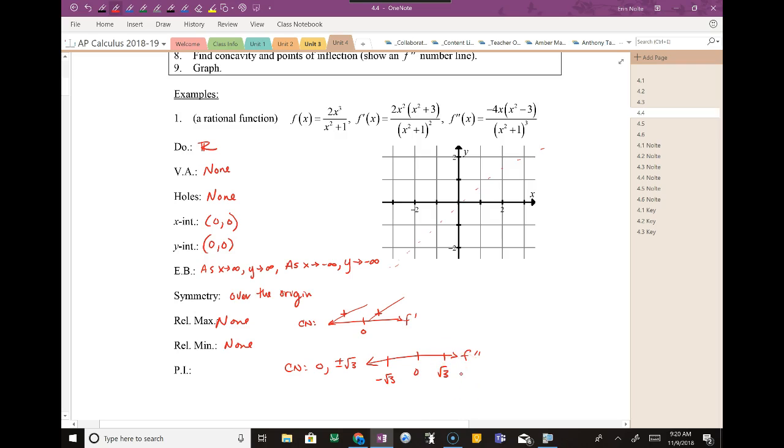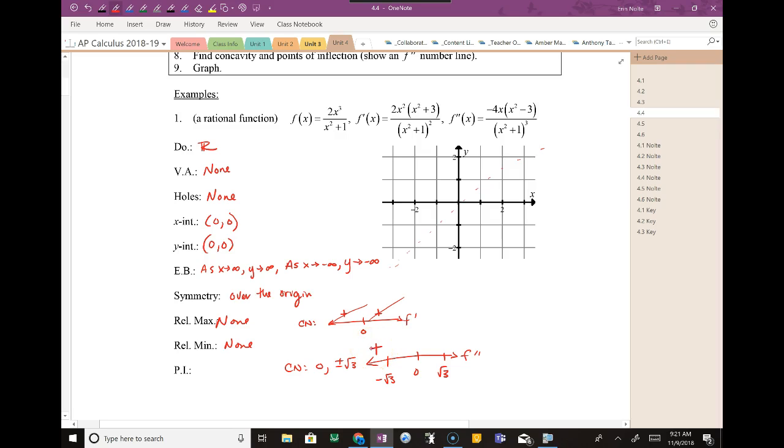Okay, so if I plug in a value less than negative the square root of 3, like negative 2, into this, I would get a positive over a positive, so that piece would be positive.